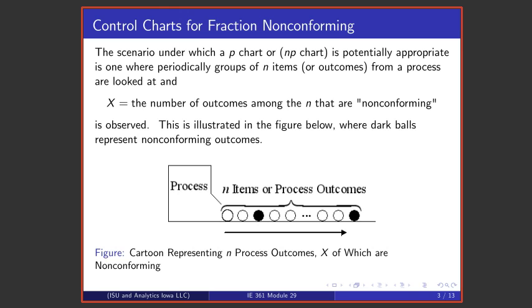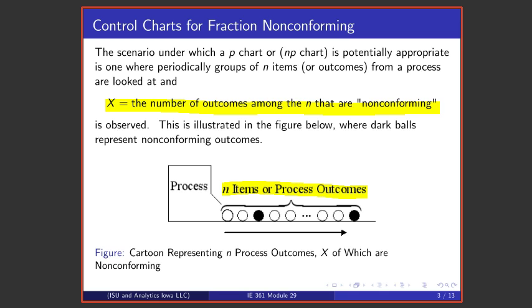Okay, so we're going to talk about charts for quote-unquote fraction nonconforming. The scenario is this: one takes a sample of n items or process outcomes and counts up the number of outcomes among those little n that are non-conforming. Non-conforming in old-time language you might say defective.